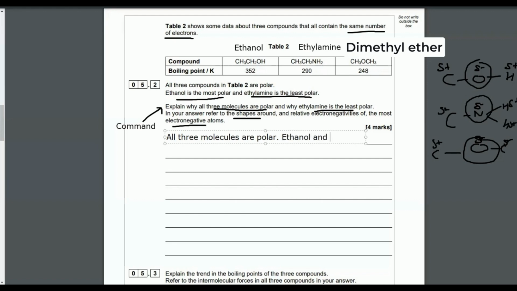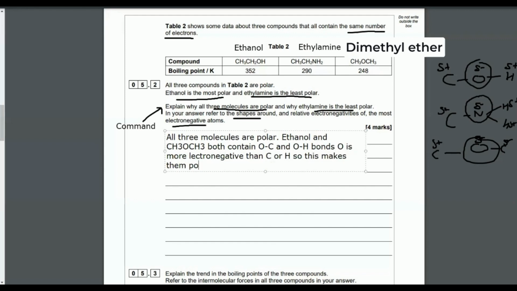ethanol and CH3OCH3 both contain C-O and O-H bonds. O is more electronegative than C or H, so this makes them polar.